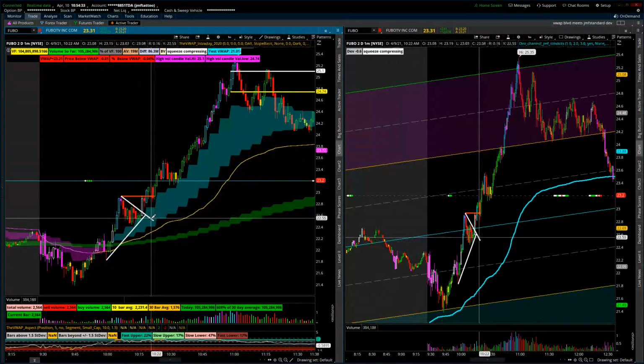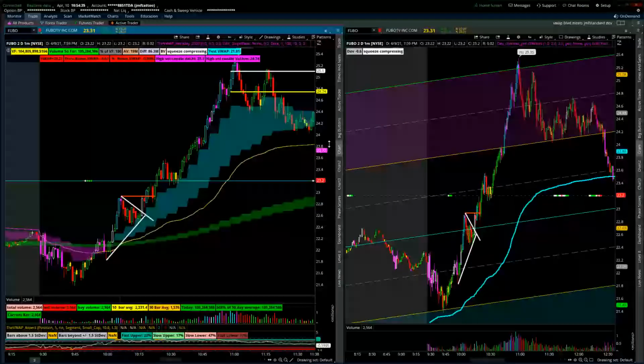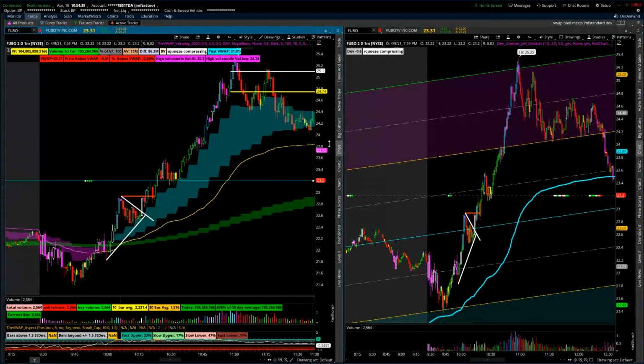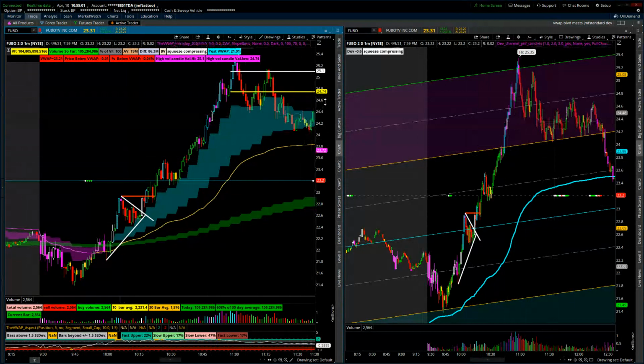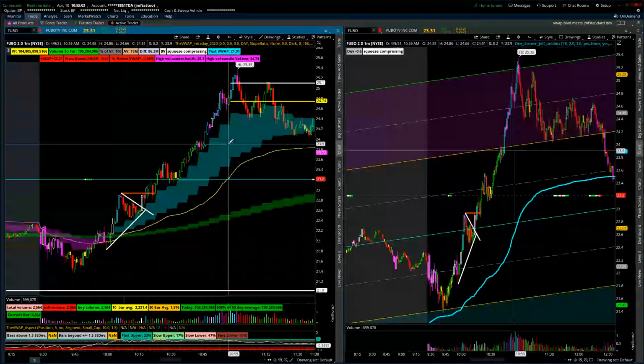The reason I'm going through all of this is, step one, I've identified a setup or a play that I want to participate in a safe manner, with a statistical edge, with data and numbers on my side. There's no way I can do that if I just jump in and out of these willy-nilly whenever I see one.